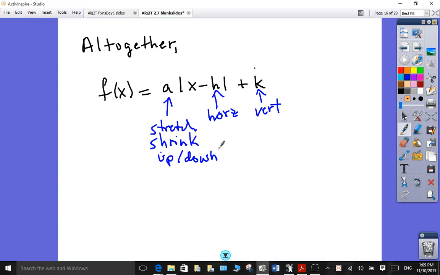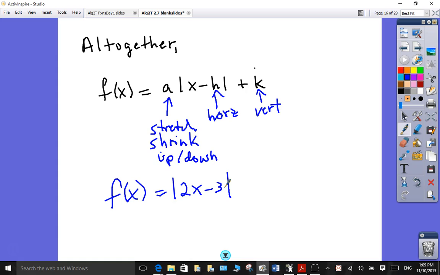There's one other thing that could make this one step more complicated, which I don't see in this book yet. Honestly, they usually don't throw this at us. But what if you had something like f of x equals absolute value of 2x minus 3? What would be the shift now?